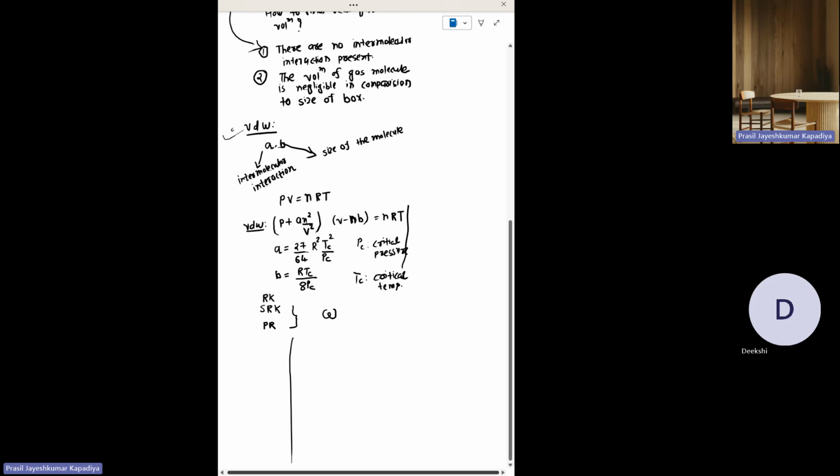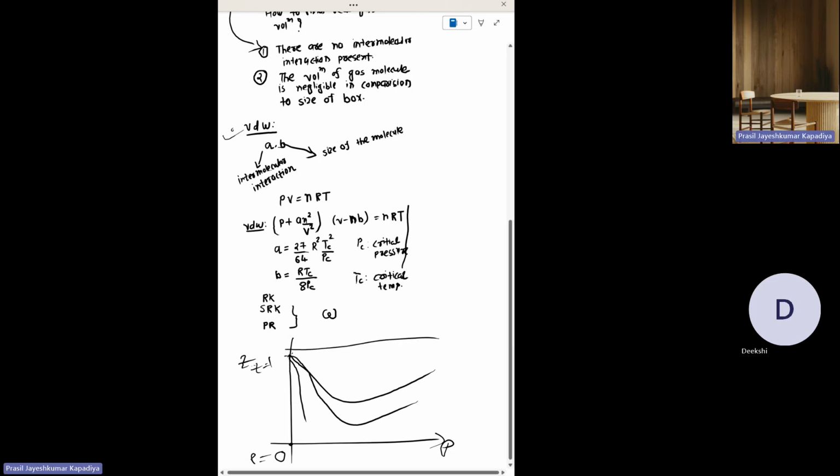This is the Z versus P plot. This is the P equal to 0 point, and this is the Z equal to 1 point. All curves start from P equal to 0 at Z equal to 1. This means that at extremely low pressure, the system behaves as an ideal gas.